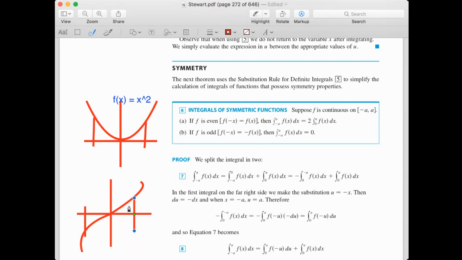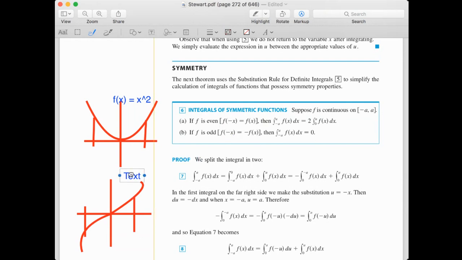So the absolute value of the area of this part equals that of this part. But one is above the x-axis and one is below the x-axis, so the area of this one is negative. They cancel each other, so that equals 0.